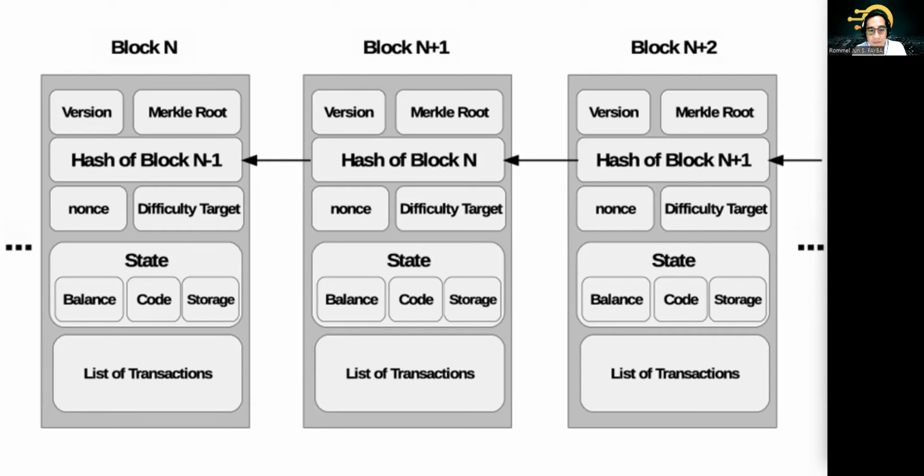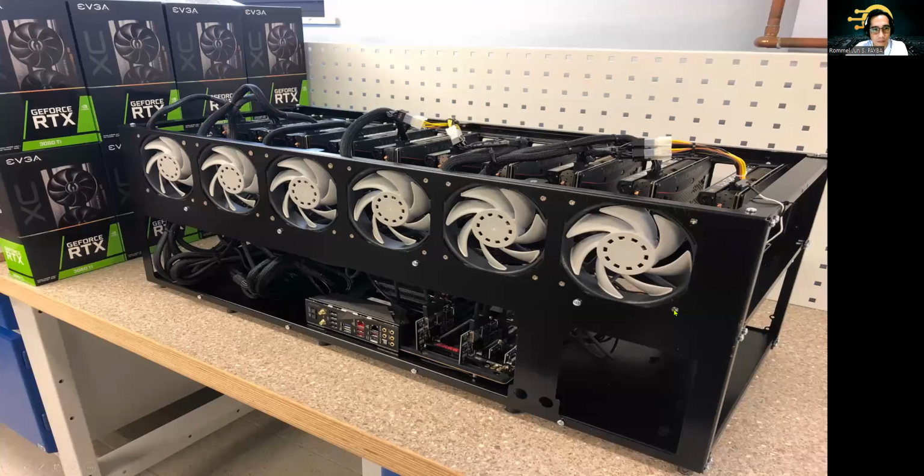So the miners deploy computers, sometimes referred to as mining rigs, in order to solve the next hash, because this is essentially a competition among all the miners in the network to make sure that they are the first one to solve the hash and then get rewarded with Bitcoin.